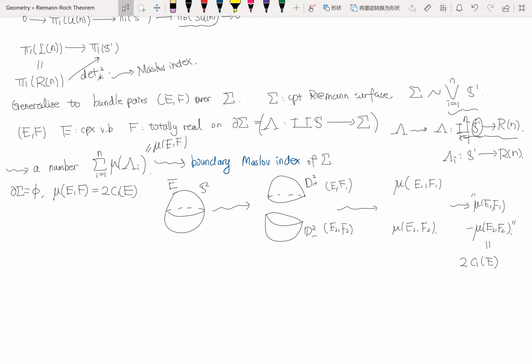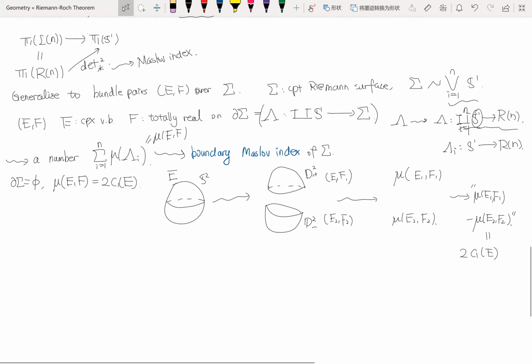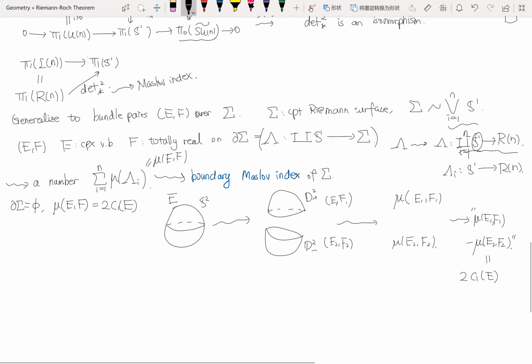Also we need to state some facts about the isomorphism for bundle pairs. That is, (E1, F1) is isomorphic to (E2, F2) if and only if, first, we have an isomorphism from E1 to E2, and second, this isomorphism must send F1 into F2.